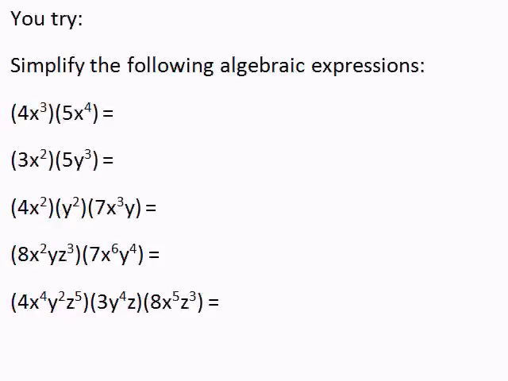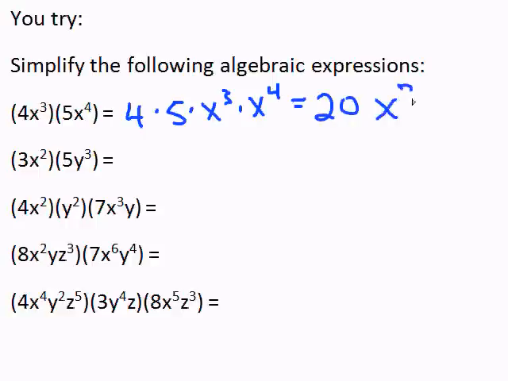Alright, I got a few examples for you to try. Go ahead and pause the video. Try to work out those examples on your own and press play when you're ready to see them worked out. Okay, let's look at that first example. Remember, we can rewrite that as 4 times 5 times x to the third times x to the 4th, which is the same thing as 20x to the 7th.